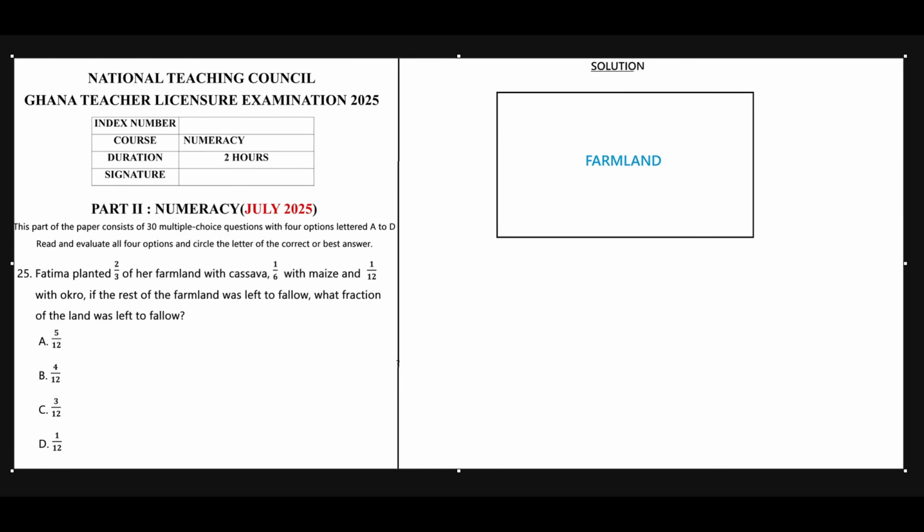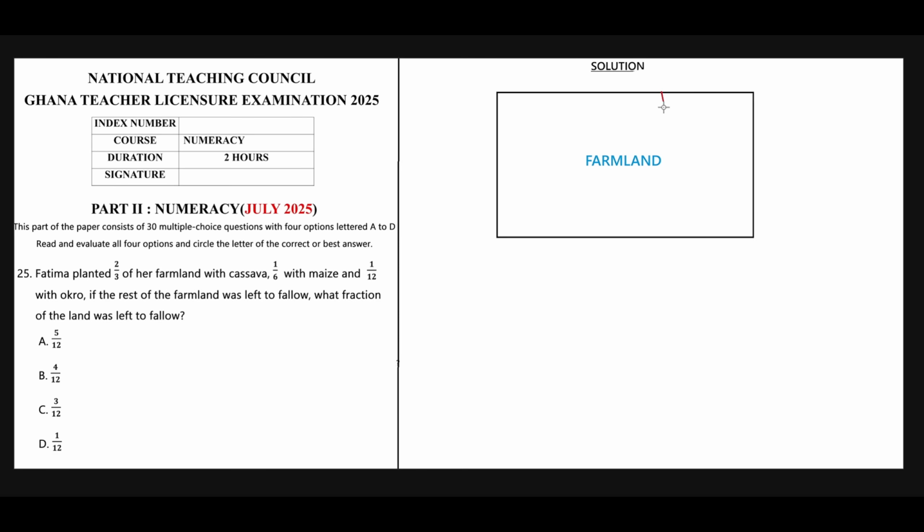Now in this farmland, we are told that 2/3 of it was used to cultivate cassava. So let's demarcate 2/3. Please, it is not drawn to scale.